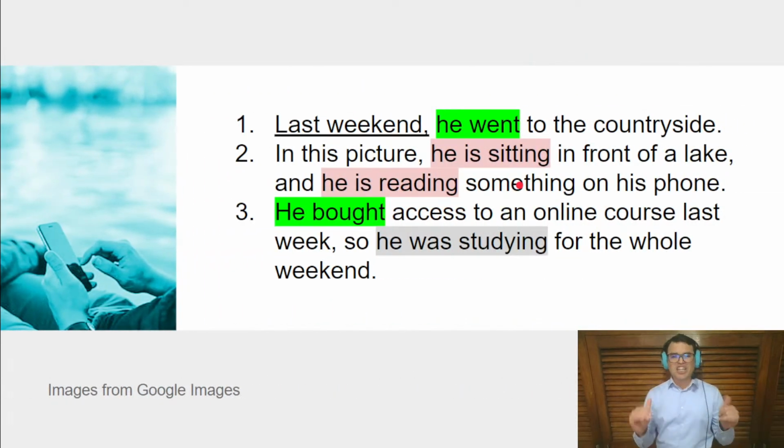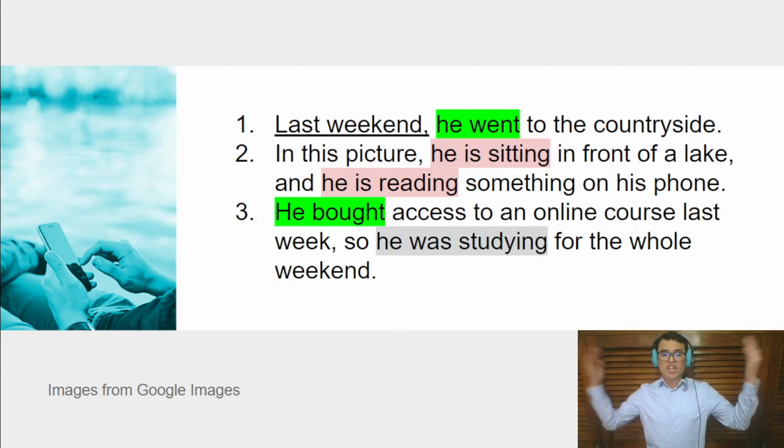Now, here in green, we have the simple past. In pink, we have the present continuous, and in purple or gray, we have the past continuous. Green, simple past, to talk about things that happened in the past, at a specific point in the past. Present continuous, he's sitting, he's reading, to talk about things that are happening in the picture at the moment.